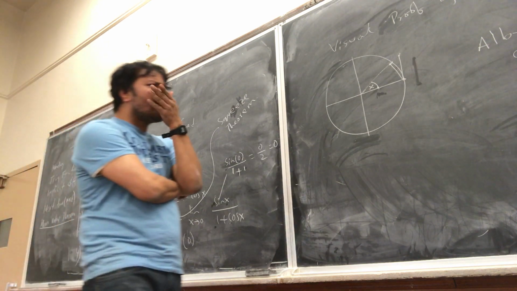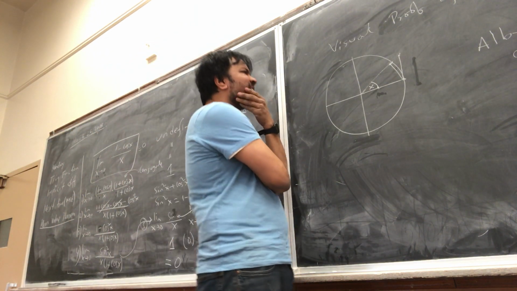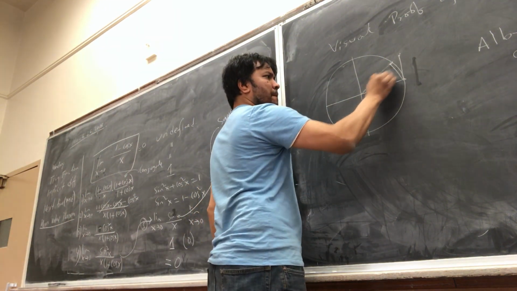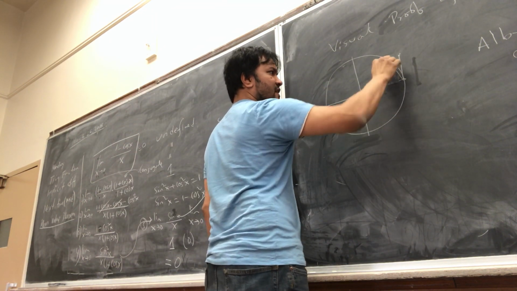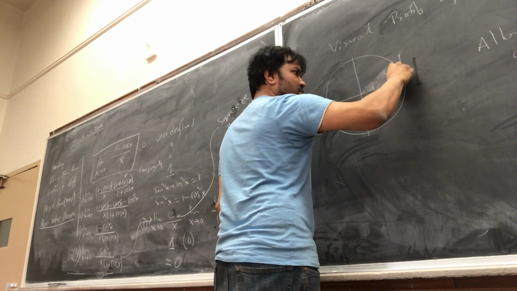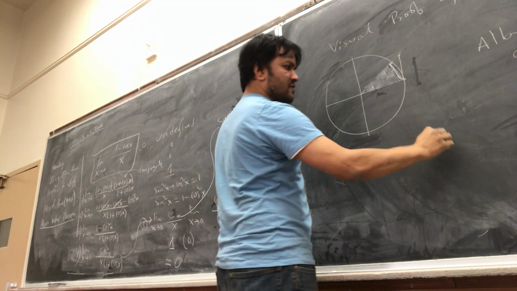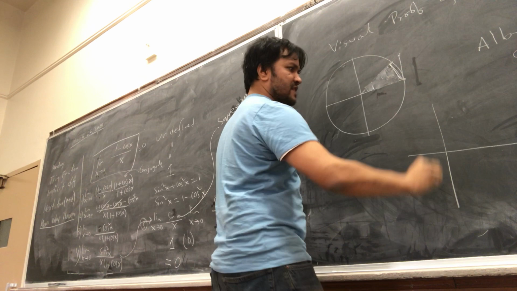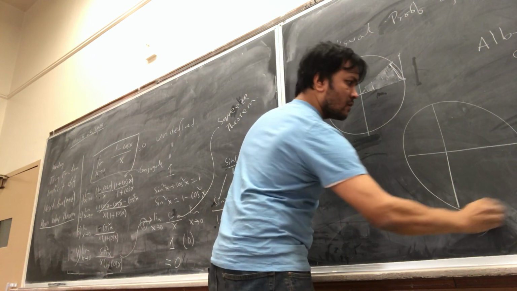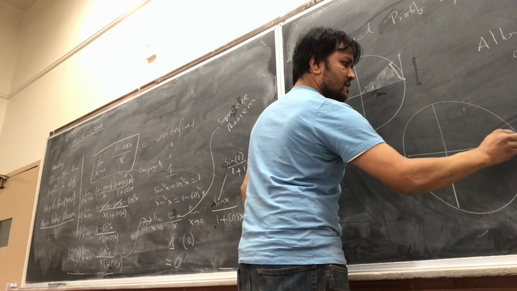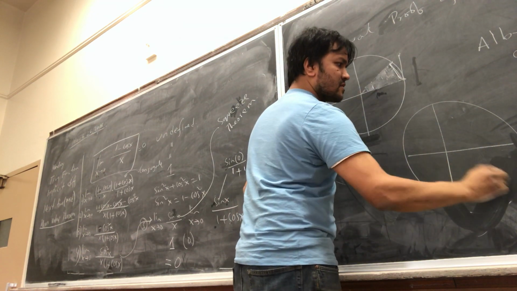Let's find the area of this one. Let's find the area of this guy. I'm going to zoom in so that you'll see what I'm trying to say. So I have a whole circle, but our main focus is here.